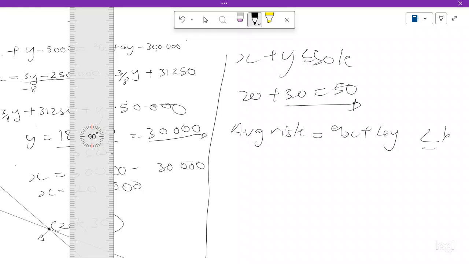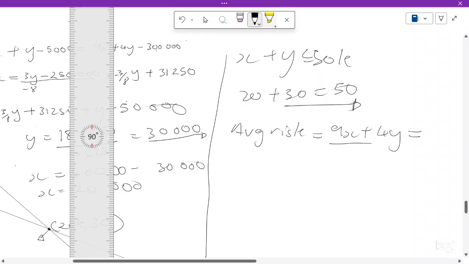It will just say you want to maximize, then you have x plus y, leave it like that.